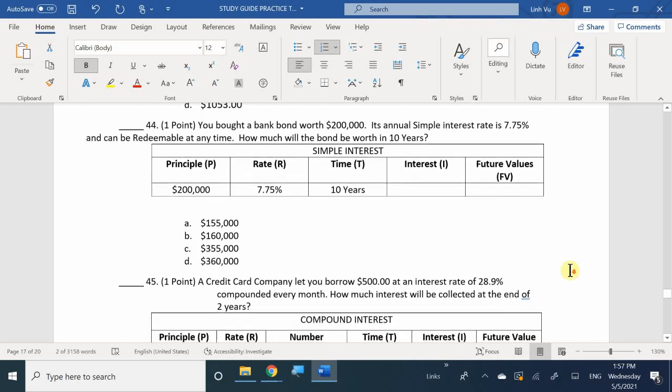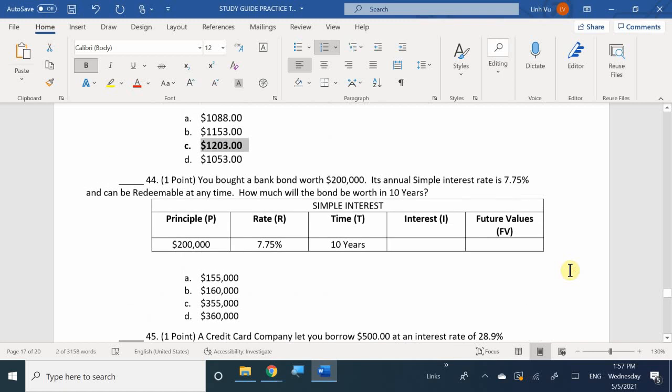All right, so the next question we have here is going to be testing you on simple and compound interest. So the first example here is the simple interest. All right, so you bought a bank bond worth $200,000.